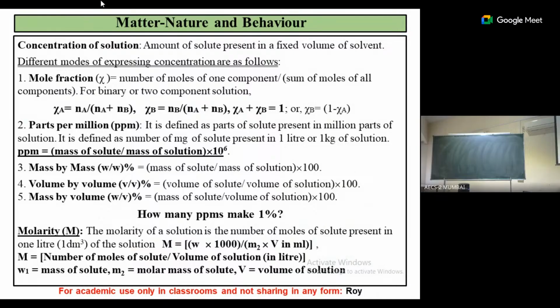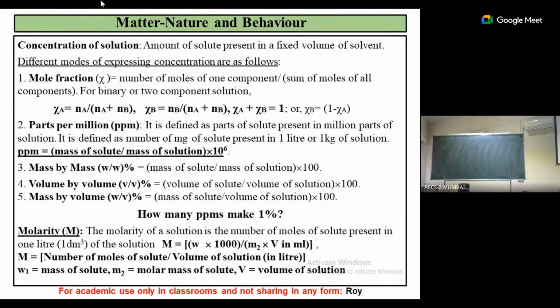You will see when we talk about very small amounts of things, we call this ppm. There is a fashion of saying ppm, ppb, ppt: parts per million, parts per billion, parts per trillion. So what does it mean? Parts per million is the way of expressing the concentration of solute present in a solvent, per 10 to the power 6 parts of the solution.